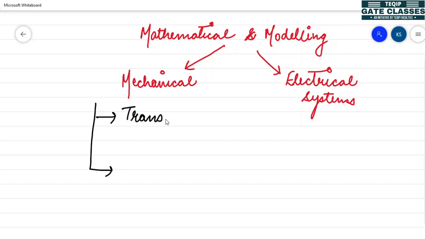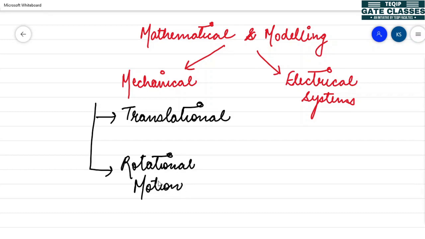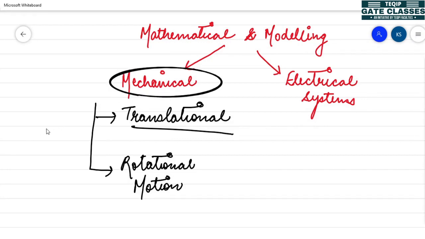First is translational and second one is rotational motion. Translational motion means which moves in a straight line only. So the mechanical system can be classified into two ways, translational motion and the rotational motion. The differential equations developed for the mechanical system are based on Newton's law.